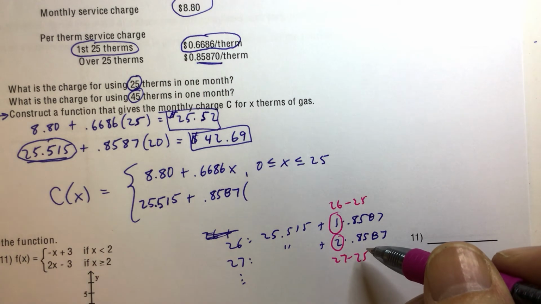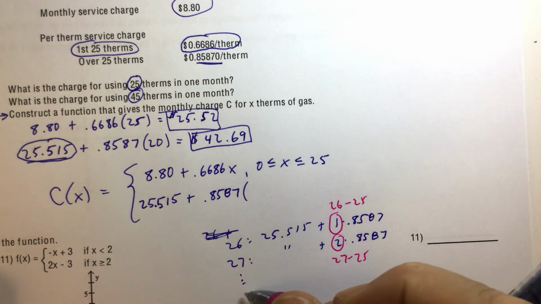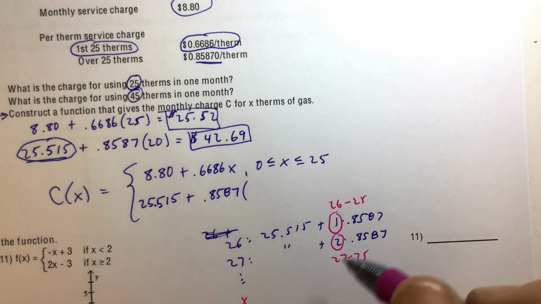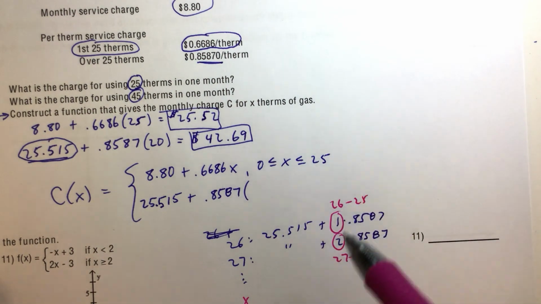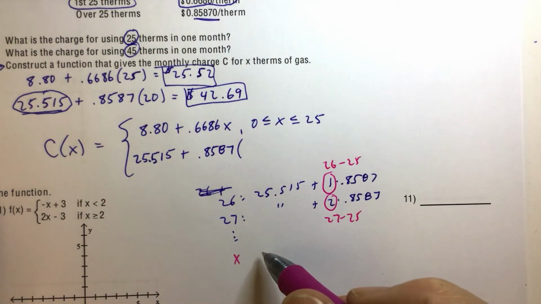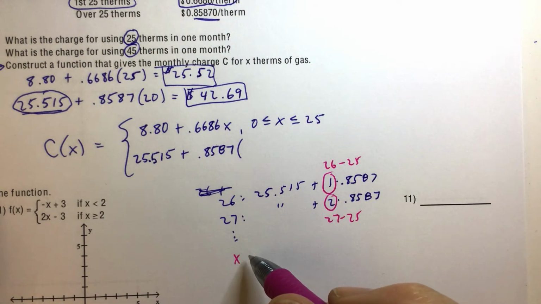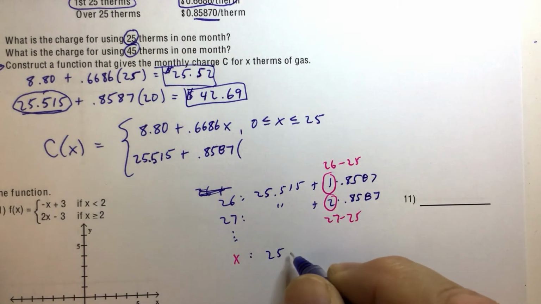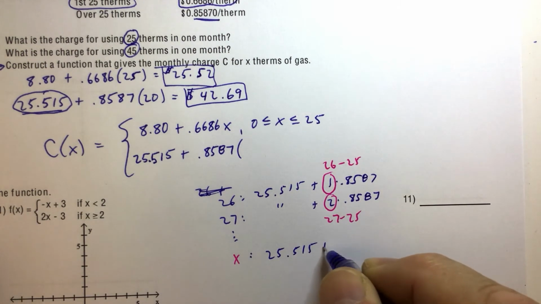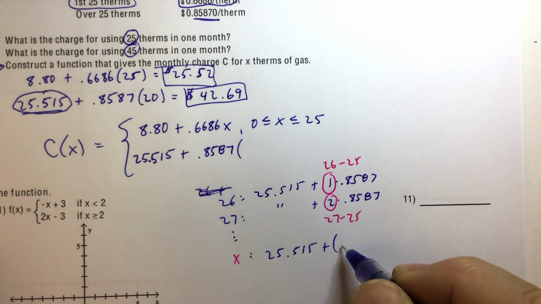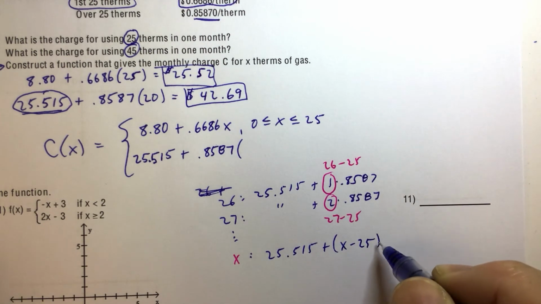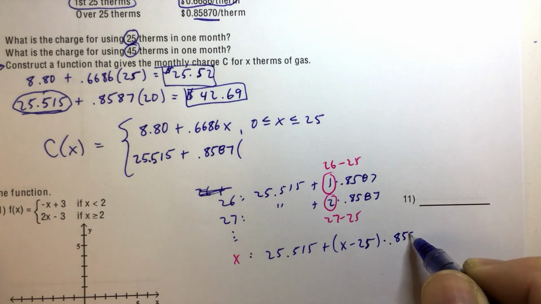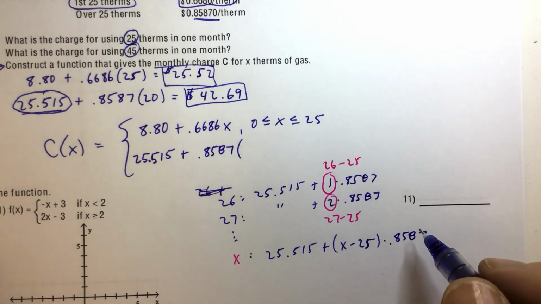And in fact, that's your X. So if we used X therms of gas, and that X was greater than 25, we would be paying 25.515 plus the difference between x and 25 times that 0.8587. So you just have to plug in some numbers.